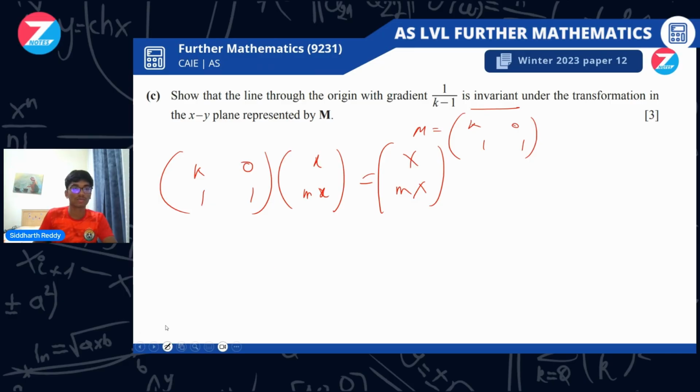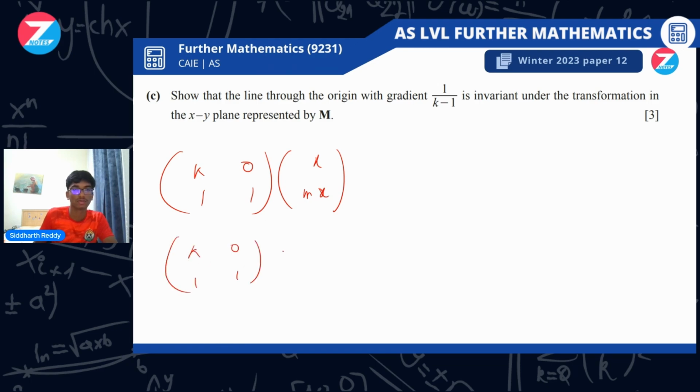So let's check it when the gradient is equal to 1 by k minus 1. We've got M times the vector x, x by k minus 1. So k, 0, 1, 1 into x, x by k minus 1. So this becomes a vector. We get kx, which is k into x plus 0 into x by k minus 1.